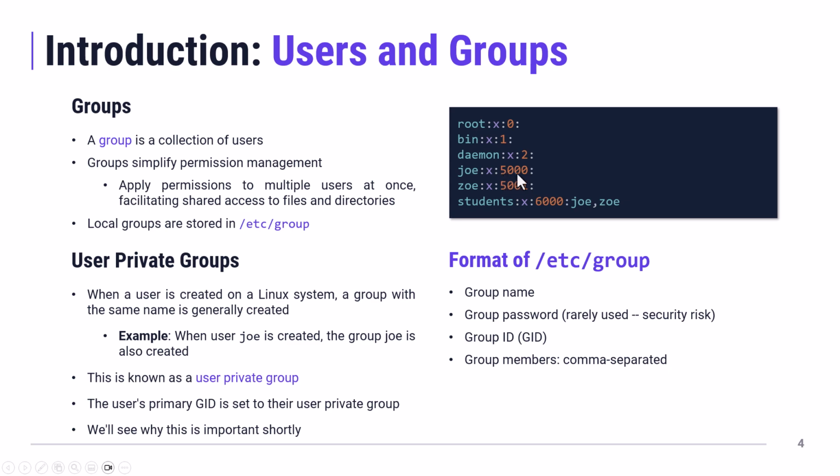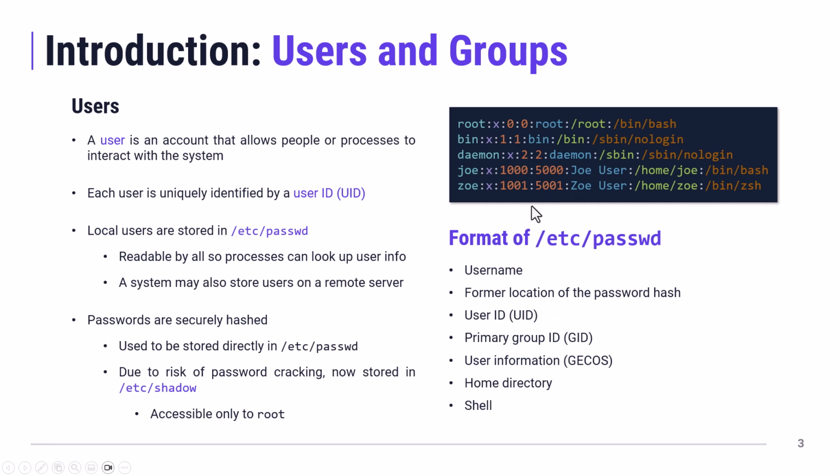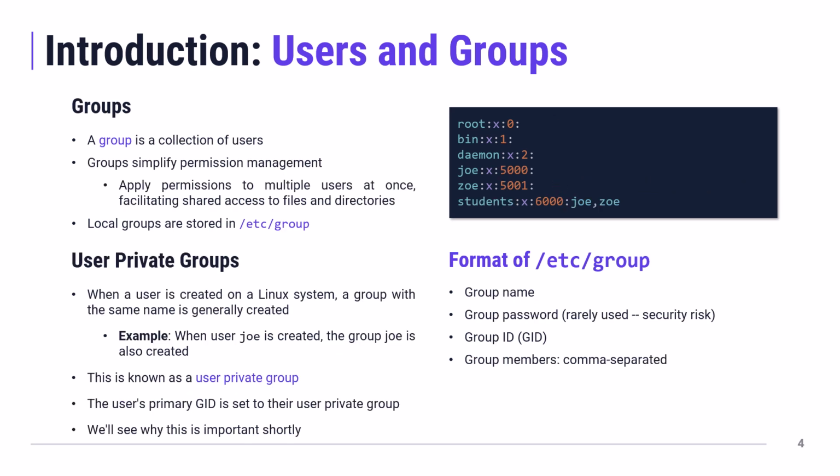So you can see here it created a group Joe with a GID of 5000, and if we look at the password file, when we created Joe, it put Joe into the Joe group, group ID 5000.